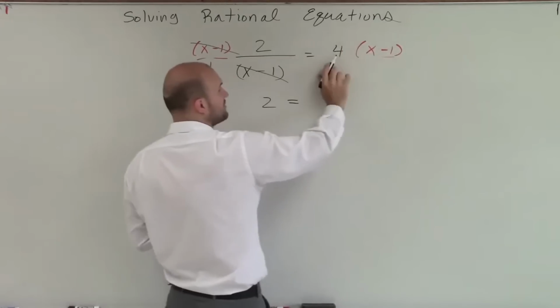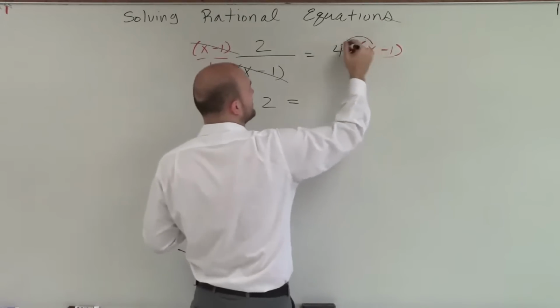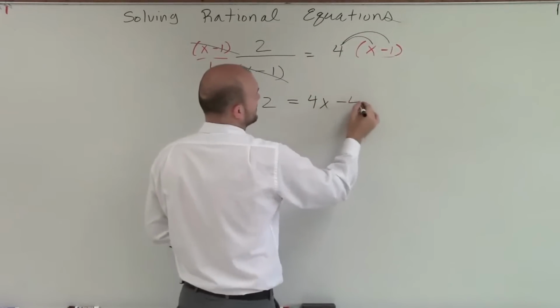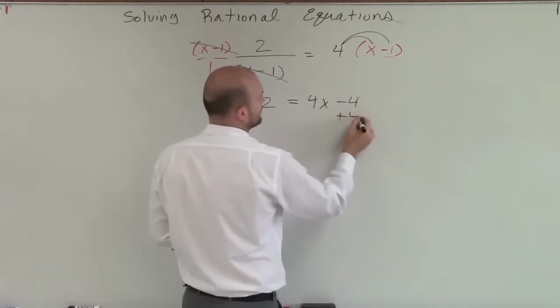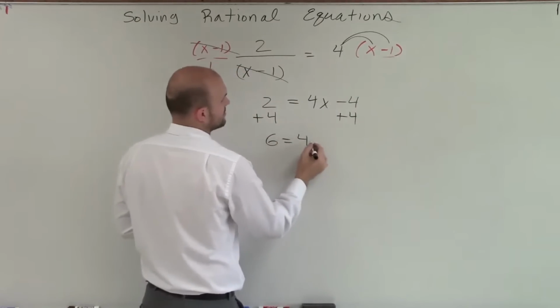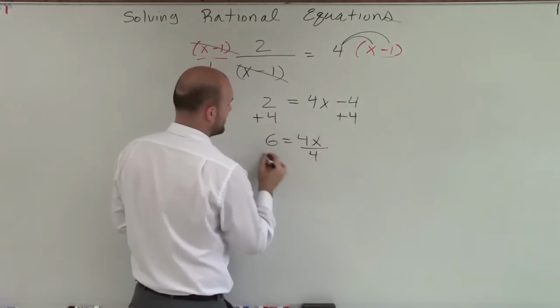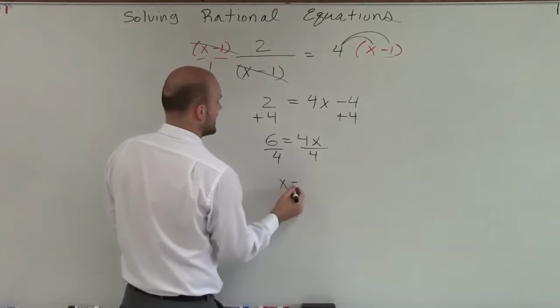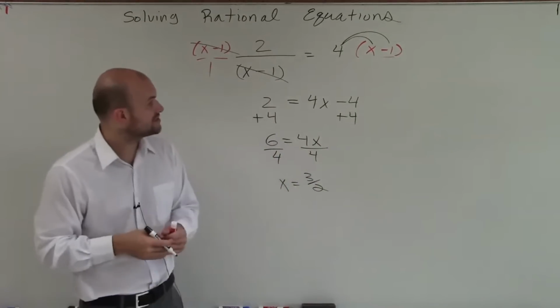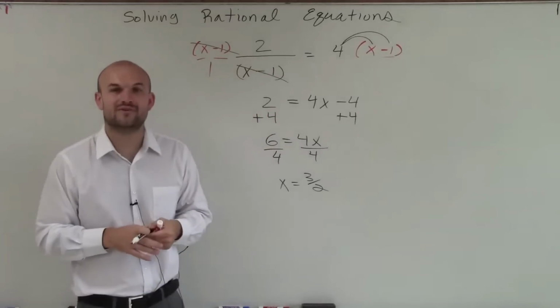Now I'm multiplying my variable times a binomial, so I need to apply my distributive property. That leaves me with 4x minus 4. Now I'll add a 4. So I get 6 equals 4x, divide by 4, divide by 4, and x equals 3/2. So there you go, ladies and gentlemen. That is how you solve your rational equation.